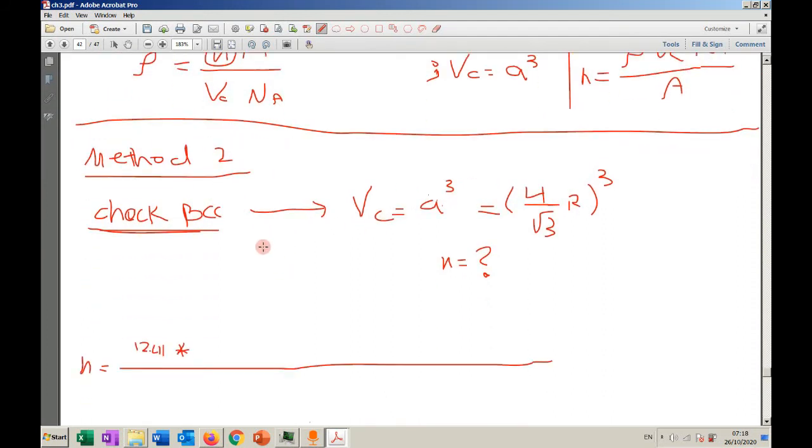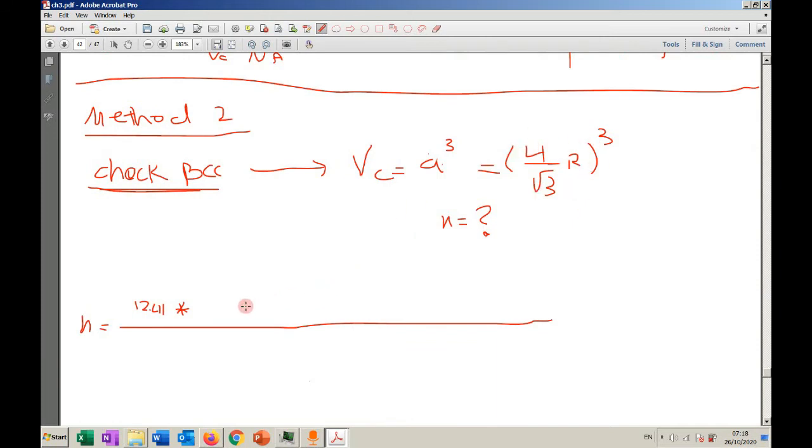Since we assume it's BCC, we're going to use this one, 4 over root 3 times R. R we know, and we're going to change it to centimeter, 1.345 times 10 to the power minus 7 centimeter, and don't forget to cube it, then multiply by Avogadro number, 6.022 times 10 to the power 23, and at the bottom we have the atomic weight.